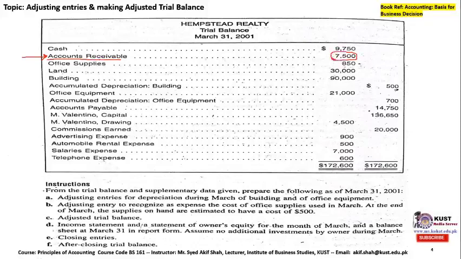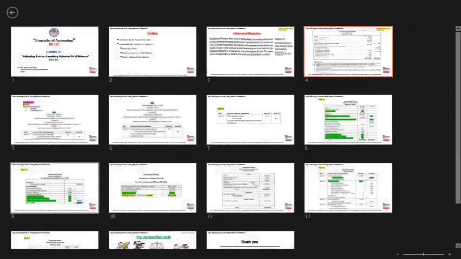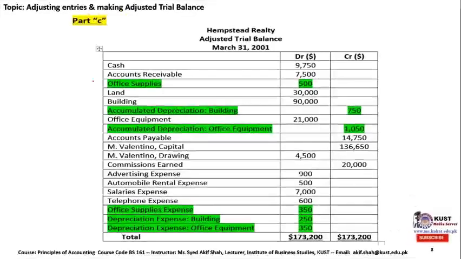As we know that in the first 2 adjusting entries, no entry was affecting the accounts receivable, so we can insert this value as it is into our adjusted trial balance. You can see in the highlighted green where we have actually incorporated the adjusting entries. So this is as it is from the previous trial balance.